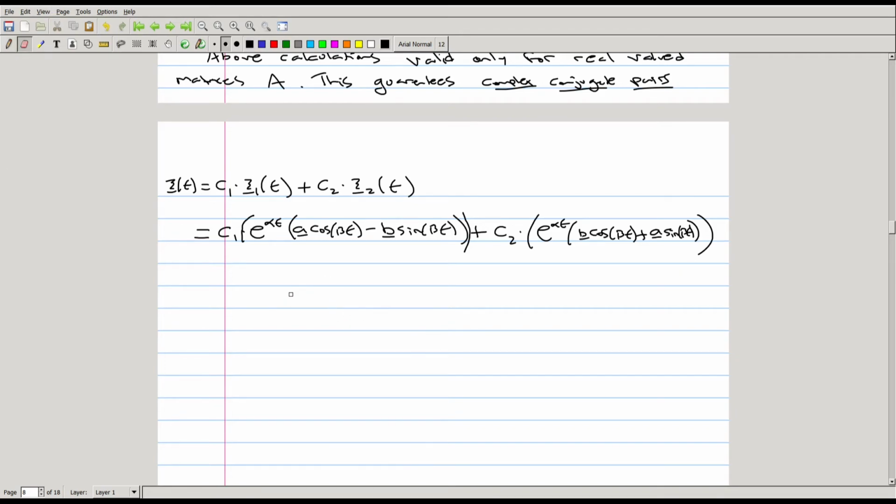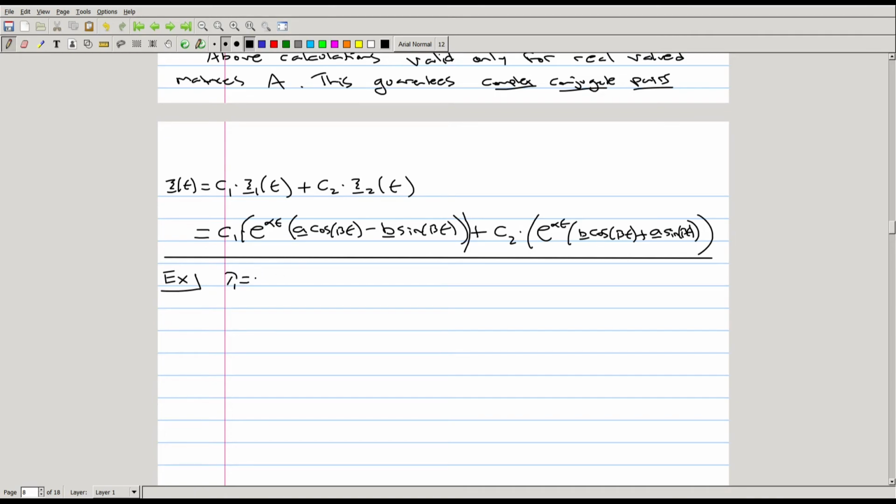And so what I want to do is go through and just finish the problem that we were working on before, to show you the exact full solution to that problem. I'm going to move a little bit back to the example, and you'll recall that in this example the eigenvalues were complex conjugate pairs.